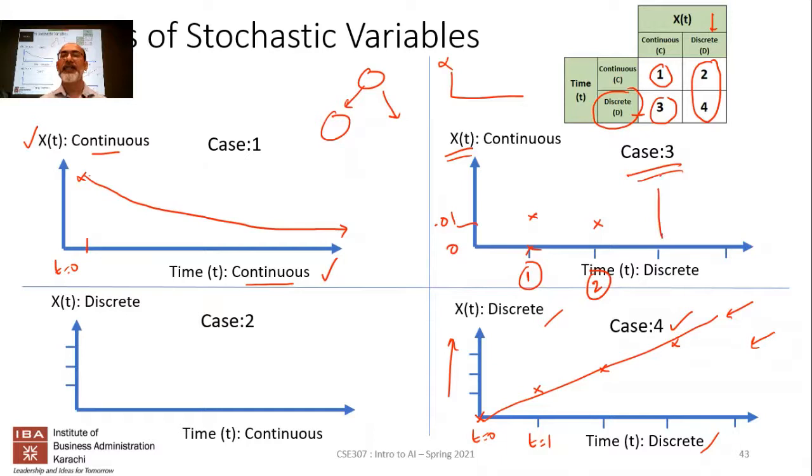On the third day, the amount of rain that fell was maybe 0.3. So basically, the amount of rain is continuous, but we've discretized time. Okay, so this is an example of case 3.